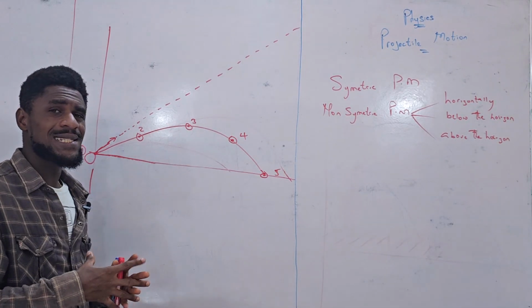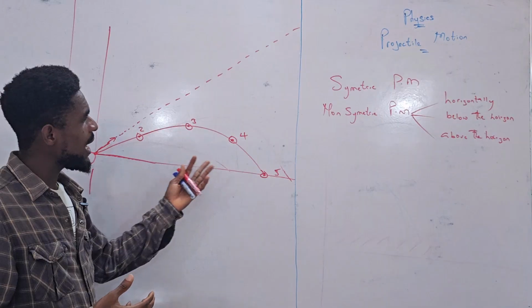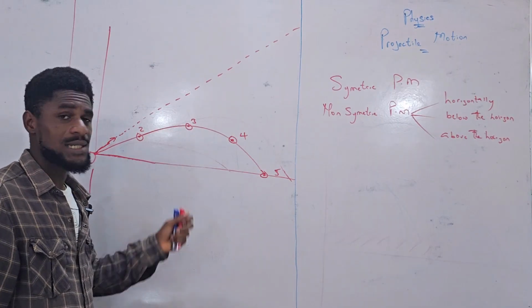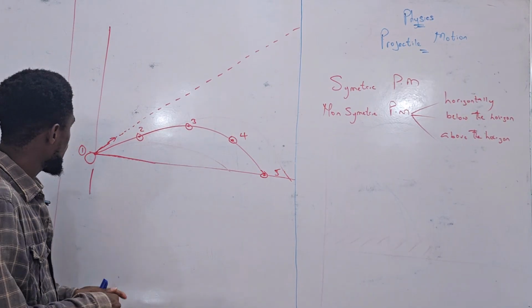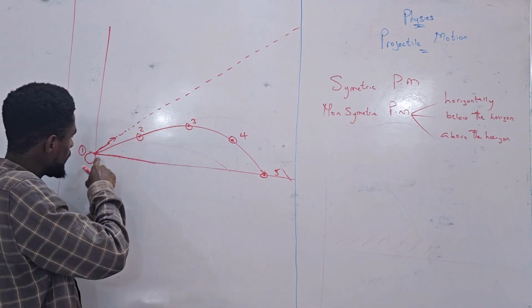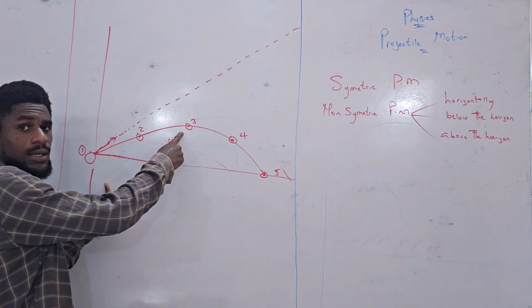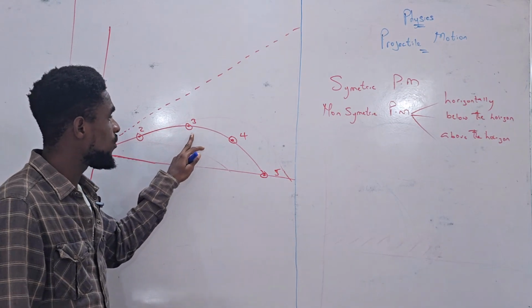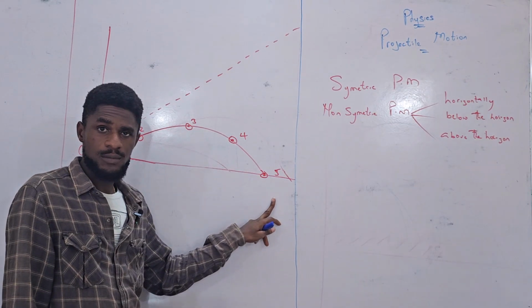If we want to see how that aids us in our analysis, we're simply saying the time it takes to move from point 1 to point 3 will be the same as the time to move from point 3 to point 5.